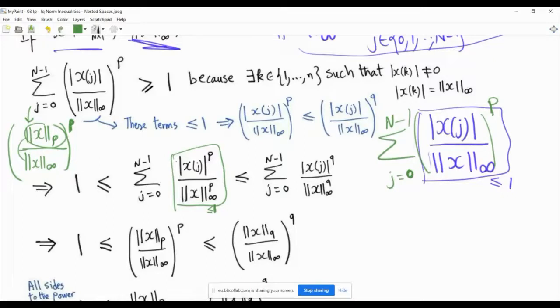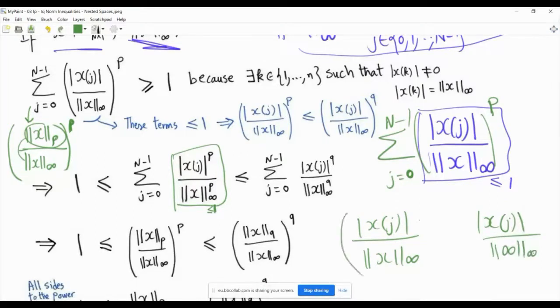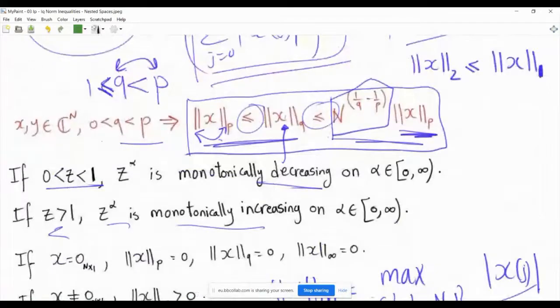Each term here is a number between 0 and 1 raised to the power p. Okay, so we have x of j over the x infinity norm. If this is raised to the power p, and this is raised to the power q, what is the relationship? Let's remember our relationship that q is less than p, where p is the higher number.